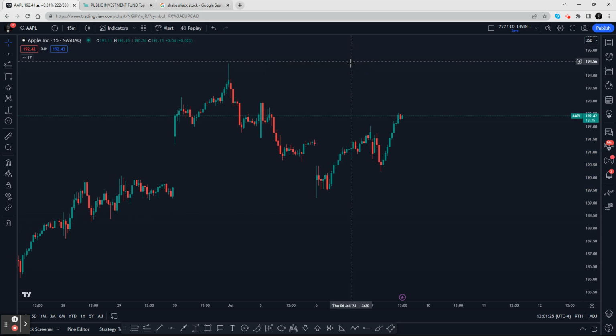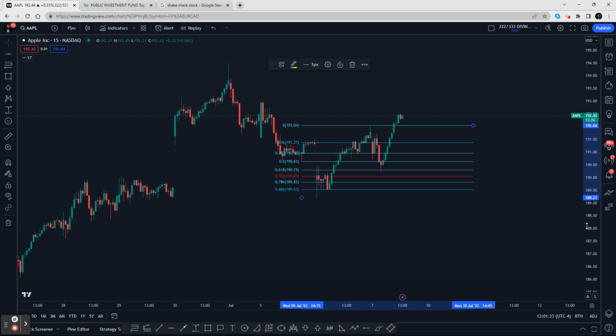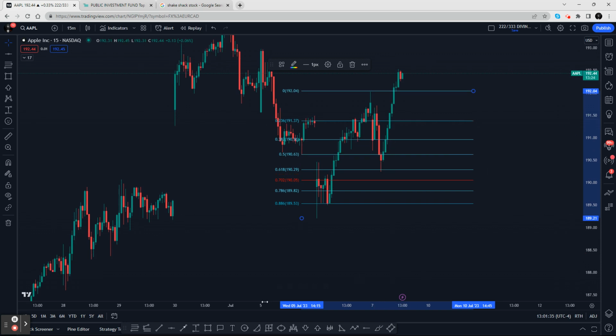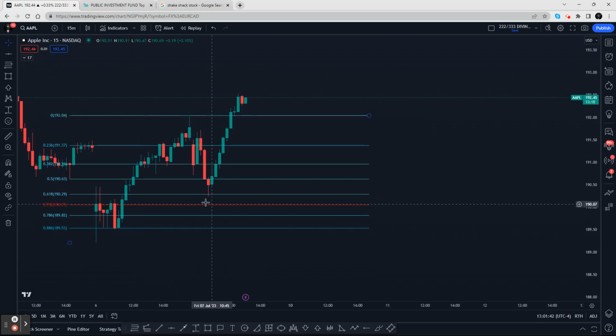All right, now watch this. We got that pullback, so now we can play these levels pretty well. Remember what I said? We want to look at those key levels of the 61, the 70s, and 78s. We want to see whatever candle got there engulf, and that'll give us an opportunity to get long or short, depending on what direction we're going.